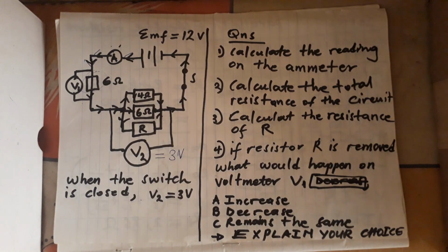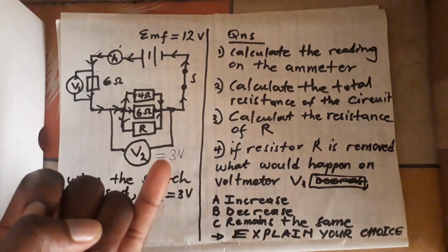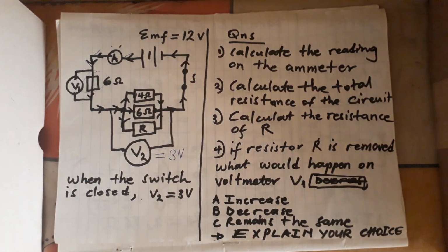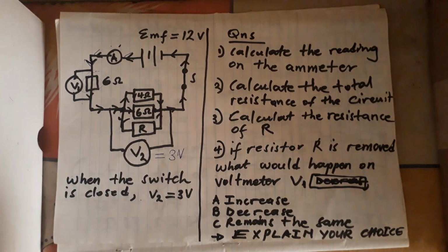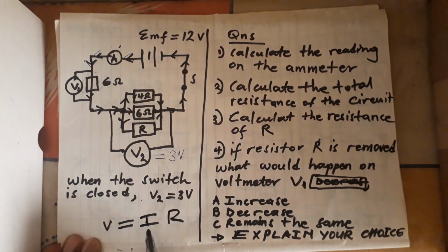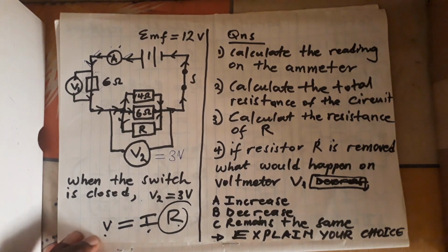But in order to get the current, you must at least have the potential difference and a resistor, because we have this formula that says V equals I R. This is current, resistance, and potential difference. We already have resistance and we need current. It means that we must have the potential difference.